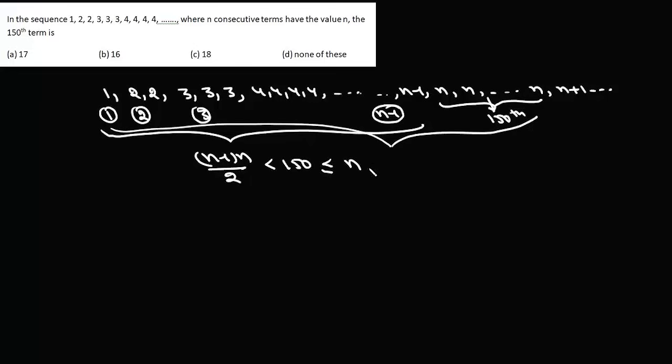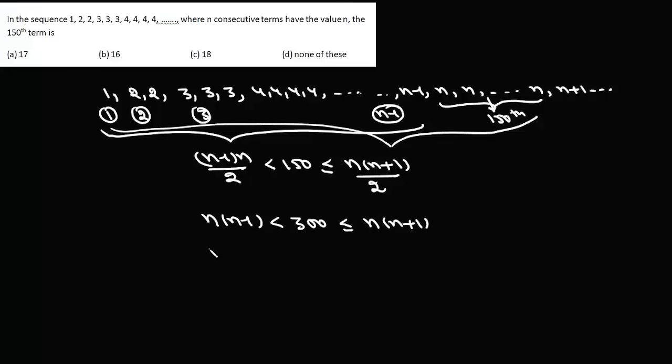So it will be less than n into n plus 1 by 2. Now basically n into n minus 1 should be less than 300, which should be less than or equal to n into n plus 1.